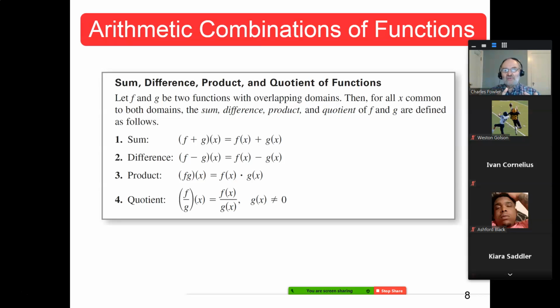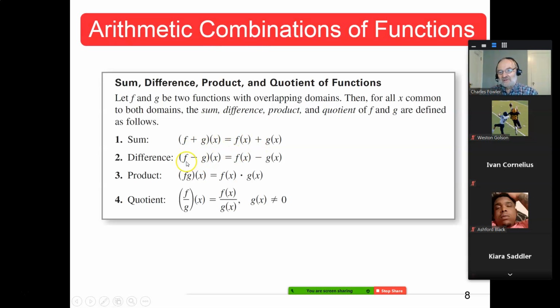Then for all the x's that are common to both domains, the sum, difference, product, and quotient functions are defined as follows. The sum function, f plus g of x, is simply f of x plus g of x. It's that simple. You just add the two functions together.